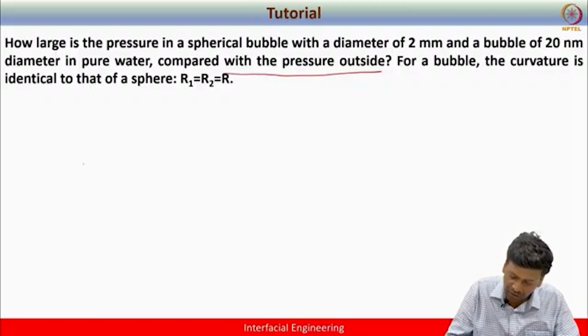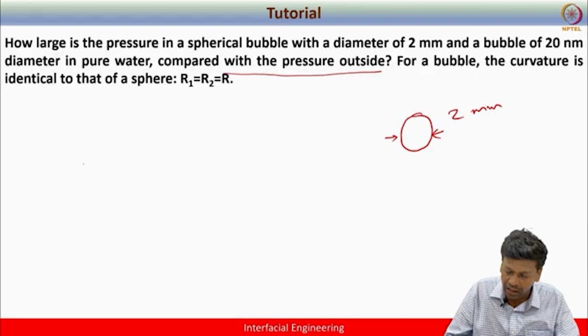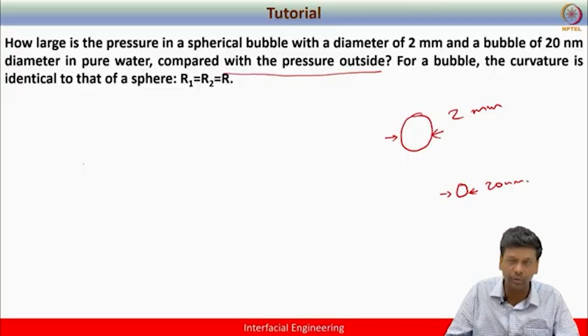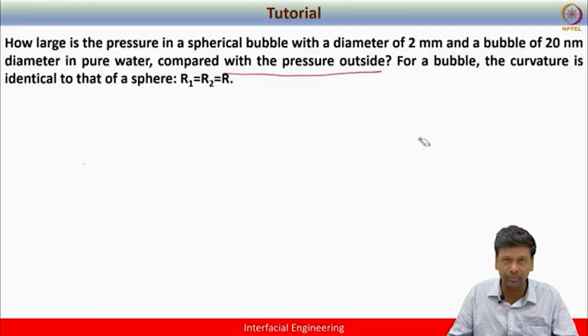In the first case, we have a spherical bubble with a diameter of 2 mm, which is a macro bubble. In another case, the diameter of the bubble is 20 nanometer, so a nano bubble. In these two scenarios, what is the Laplace pressure? That is what we have to calculate.